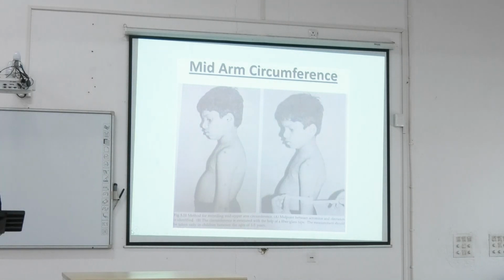This is not the right method, we have to keep the hand flexed. Then you take the mid part of it, encircle it and cross the tape. So this is how we take it.